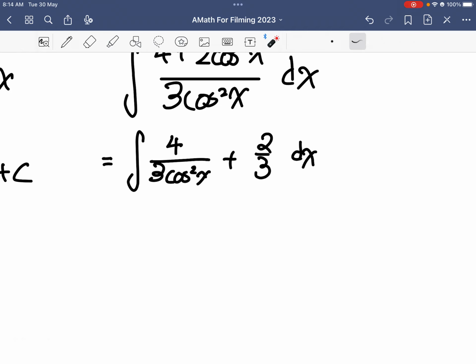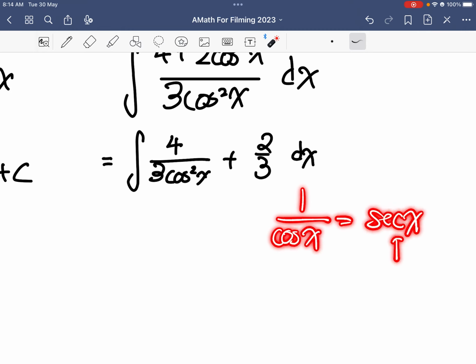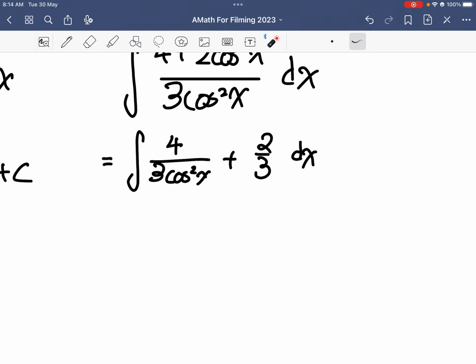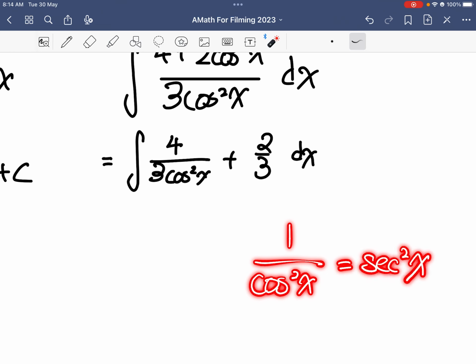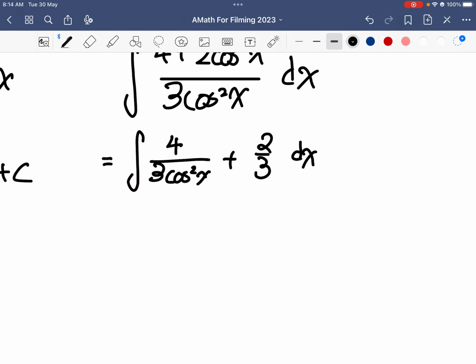Now, what is 1 over cosine square x? If you remember, 1 over cosine x is secant x, the third letter c, secant x. Similarly, 1 over cos square x is secant square x. You need to be able to apply this identity in order to simplify this term.